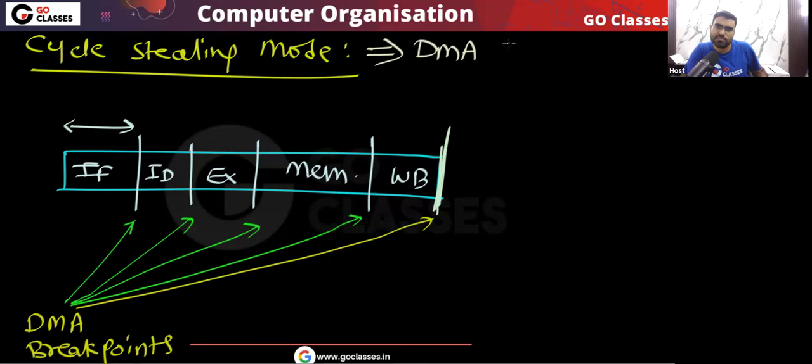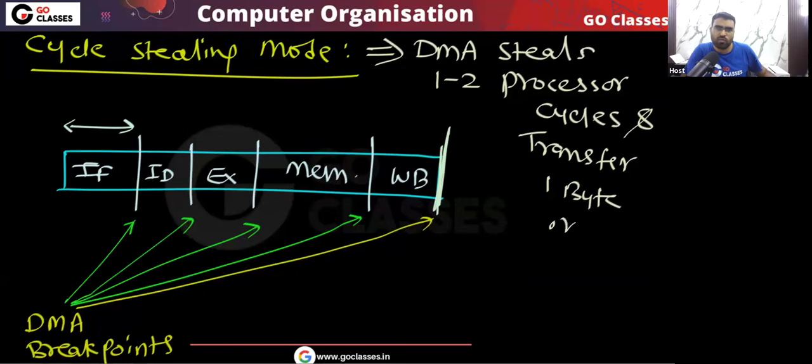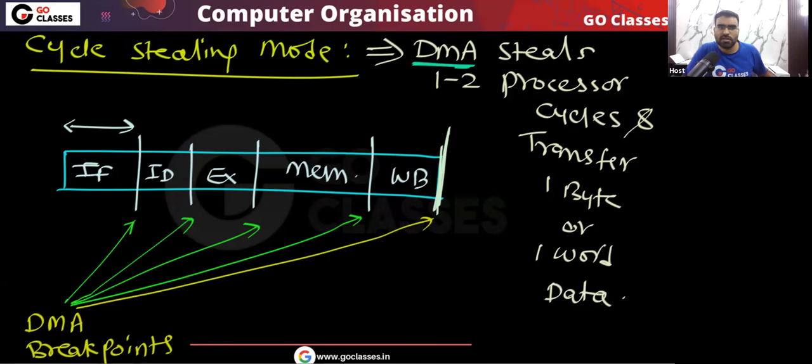The DMA steals one or two processor cycles and transfers one byte or one word of data. Is this clear? And then the DMA will again give the control back to the CPU.